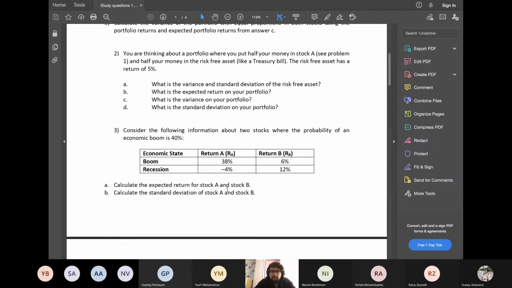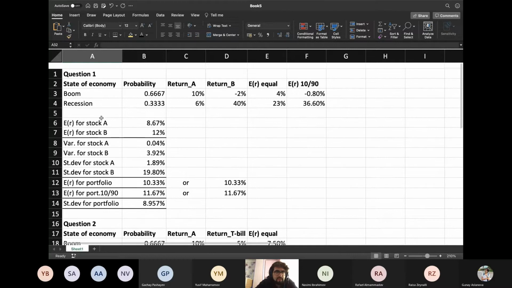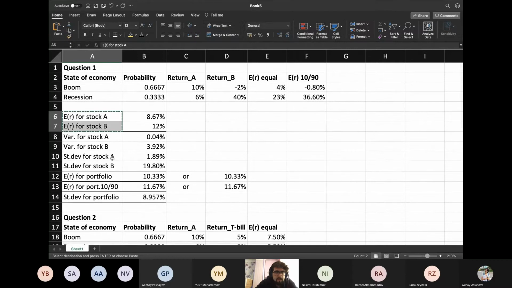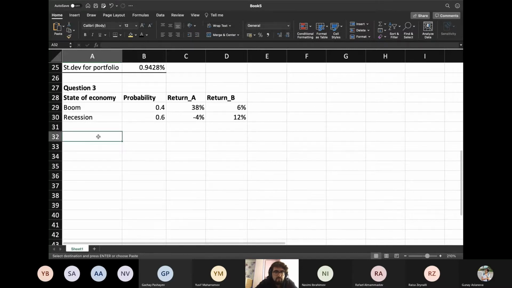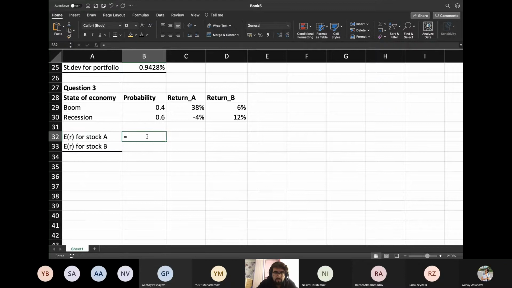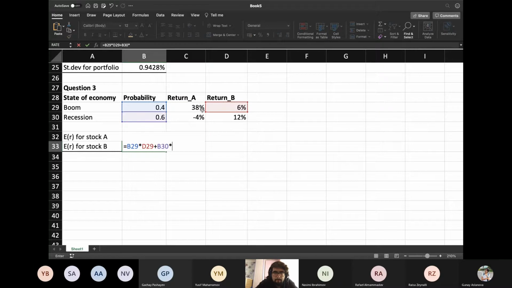Expected return for stock A and for stock B, the same thing. Again, probability times boom return plus probability times recession return. Plus this one.